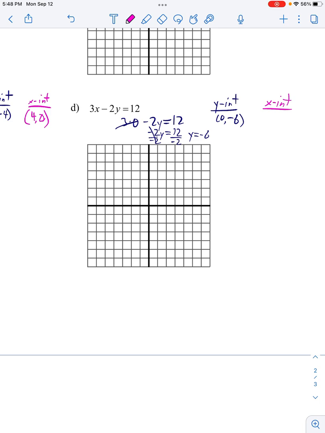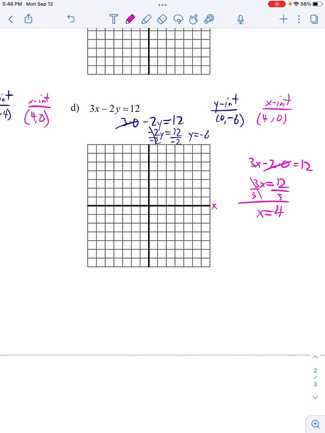So that's going to be 3x minus 2 times 0. I set y equal to 0, right? Equals 12. So that goes away. I get 3x equals 12. Divide both sides by 3. I get x equals 4. So my ordered pair is (4, 0).